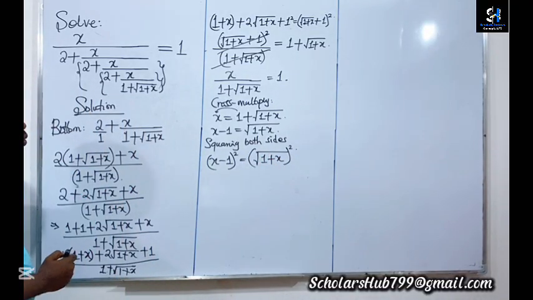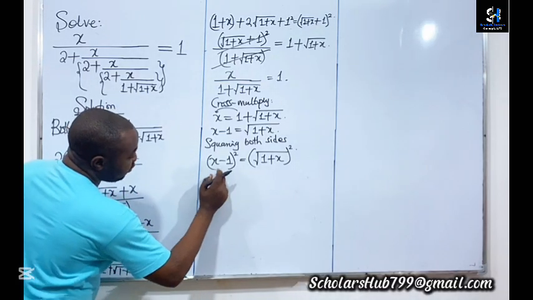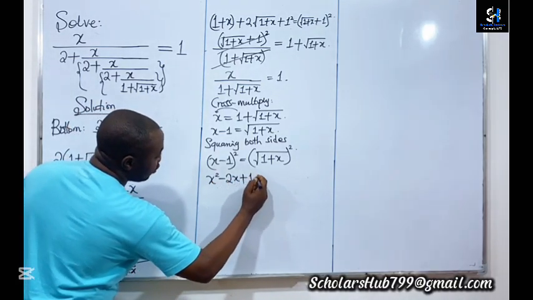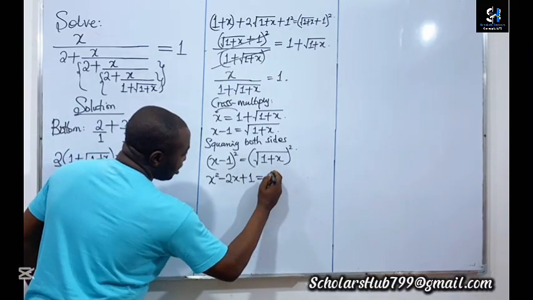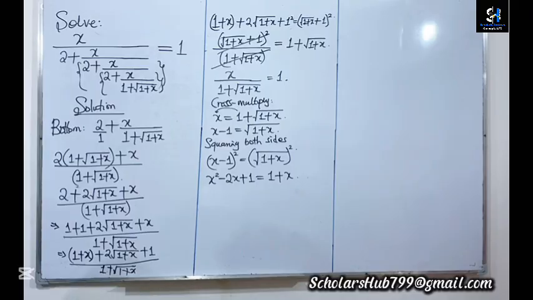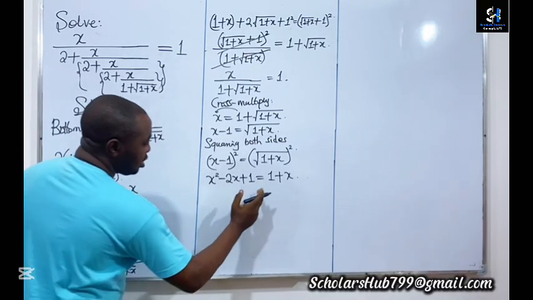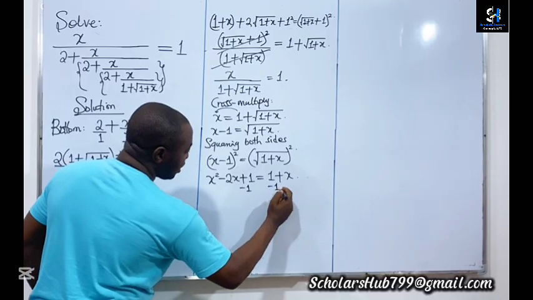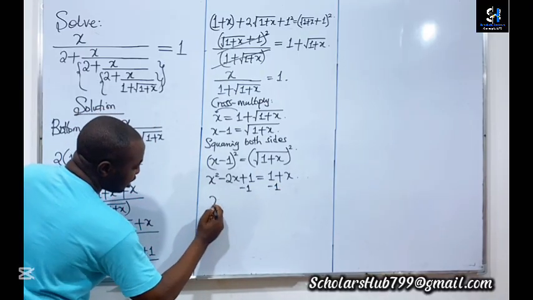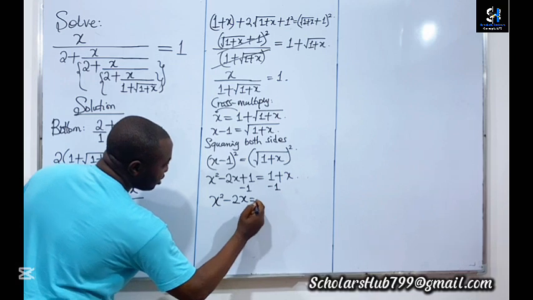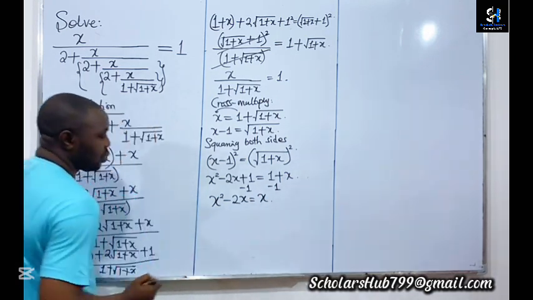If we expand, this will be x squared minus 2x plus 1, and the right hand side will be 1 plus x. If we subtract 1 from both sides, the left hand side will reduce to x squared minus 2x, and the right hand side will reduce to x.